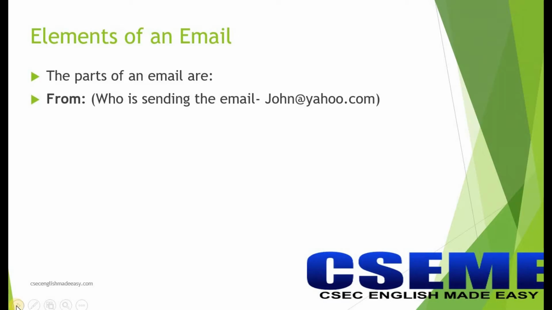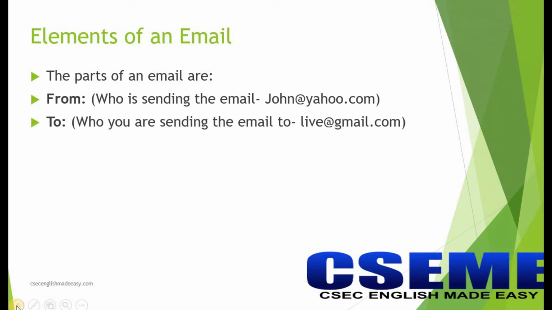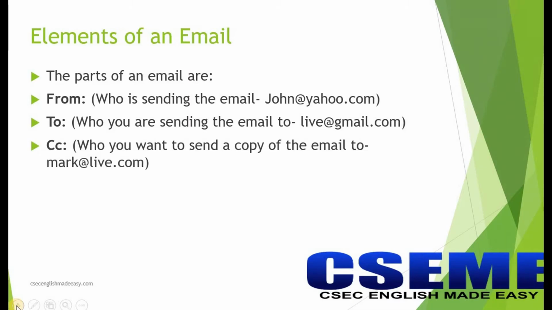And the sender could be john@yahoo.com, whatever name that you have, that is From. Then you have To. To is the person who is receiving the email, the recipient, so to speak. And it could be mary@gmail.com or maryjane@yahoo.com, whatever the question dictates.